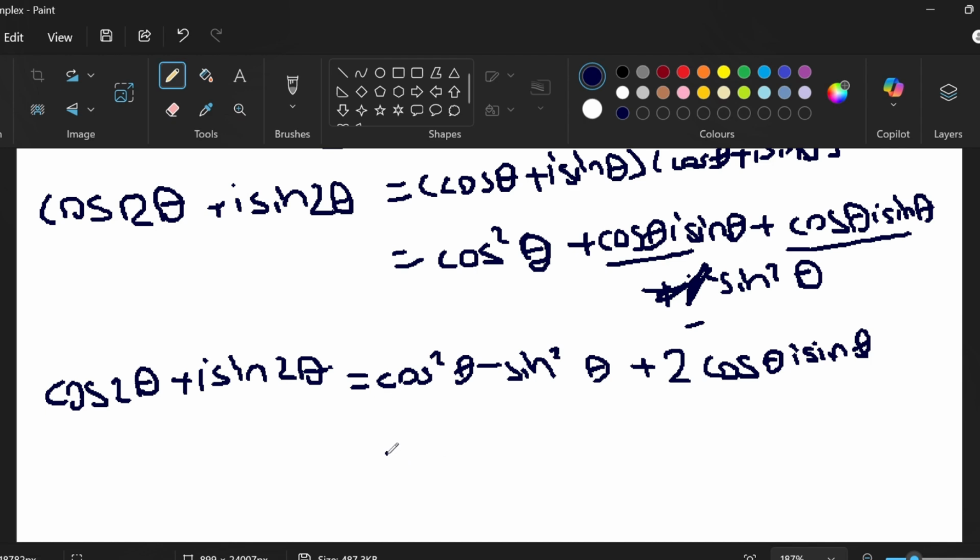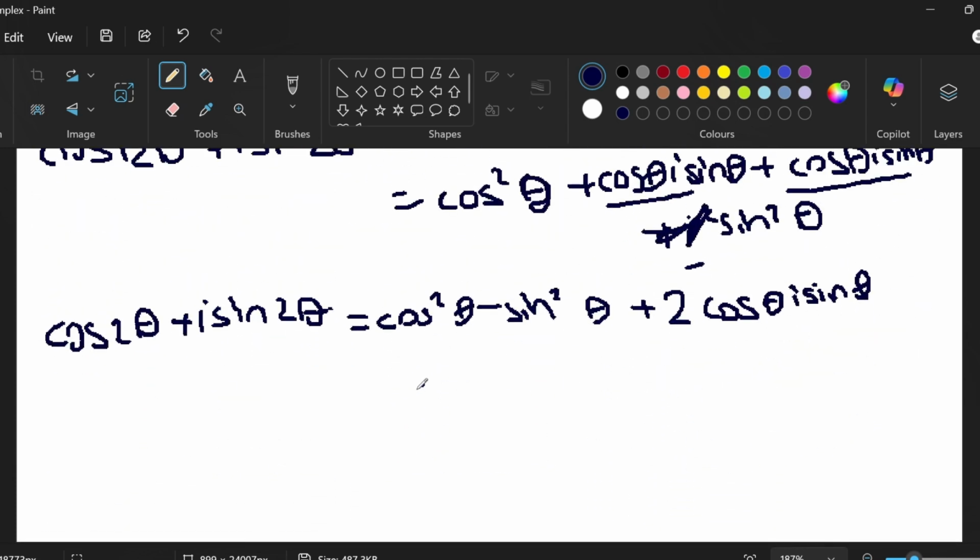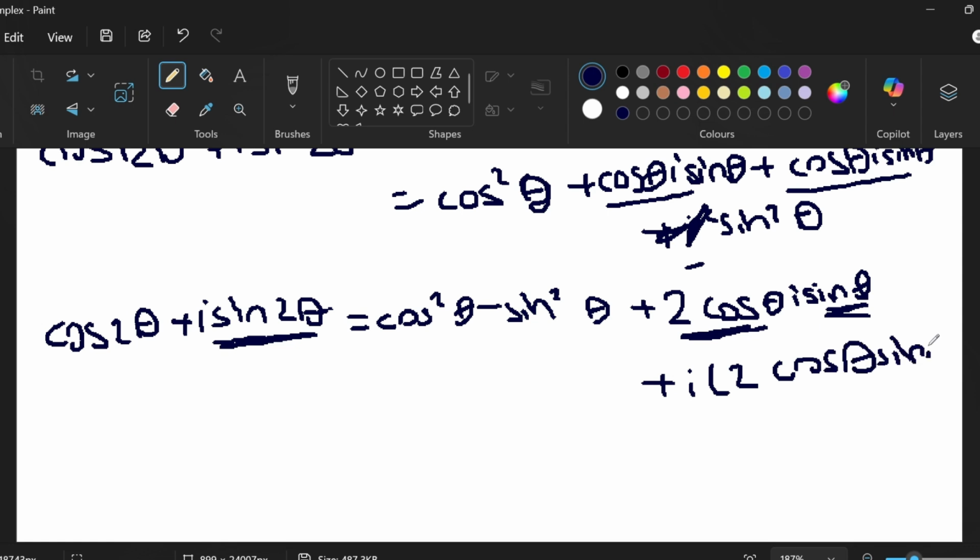And now what I want to isolate is sine 2 theta, because that's what was asked. So just like in equalities, I'm going to take all the coefficients of i and equate them. So I could even have written this as i outside of 2 cos theta sine theta, just by factorizing.